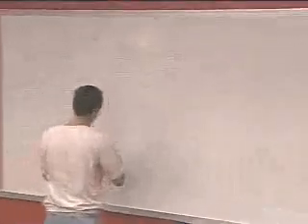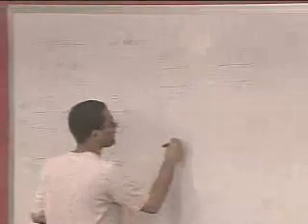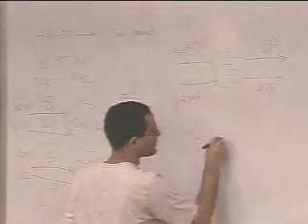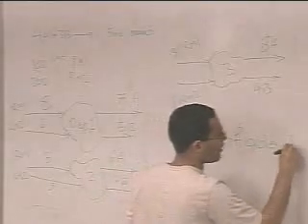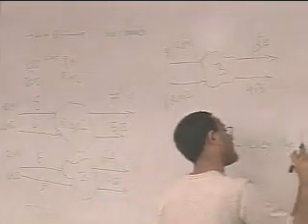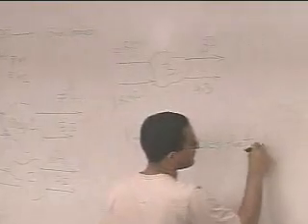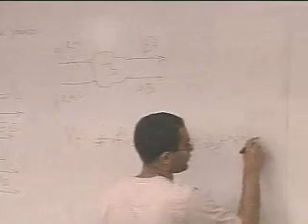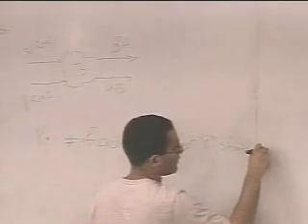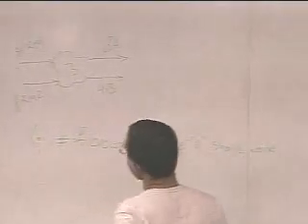Let's see. So we define xi to be the number of cycles that department i should work. Okay.